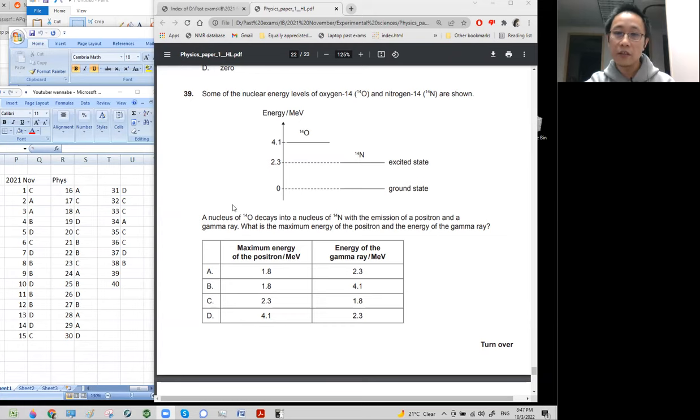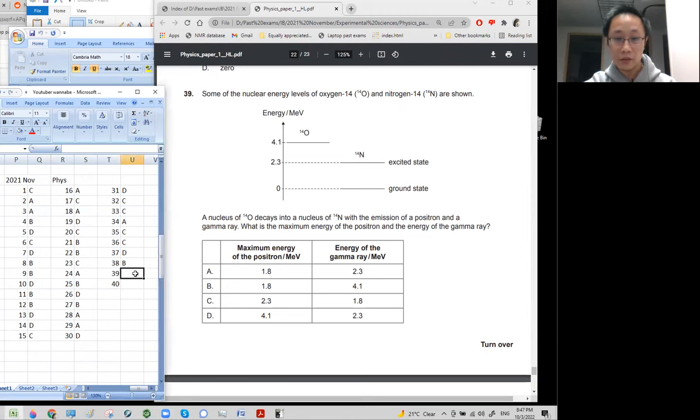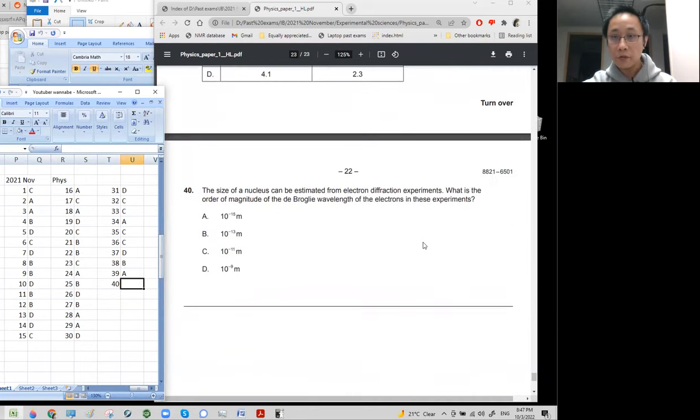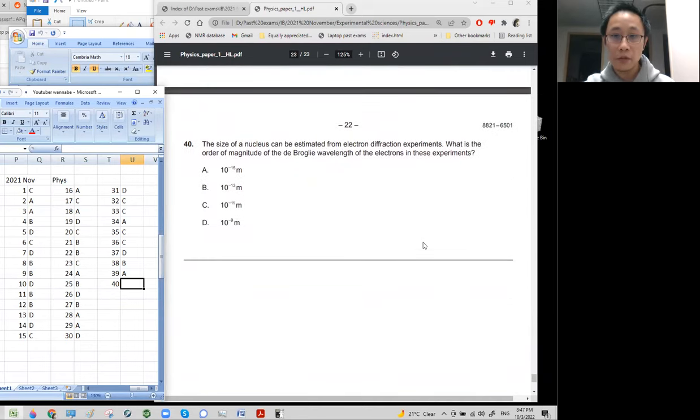But if they say that the single nucleus decays, and the decay is accompanied by the emission of both the positron and the gamma ray, then I'm guessing it should be A and Z, because the 1.8 MeV of energy difference is the energy that has to be shared between the three particles that have mass, while the gamma ray energy would just be the 2.3. Well, that's confusing, but hopefully now it's correct.